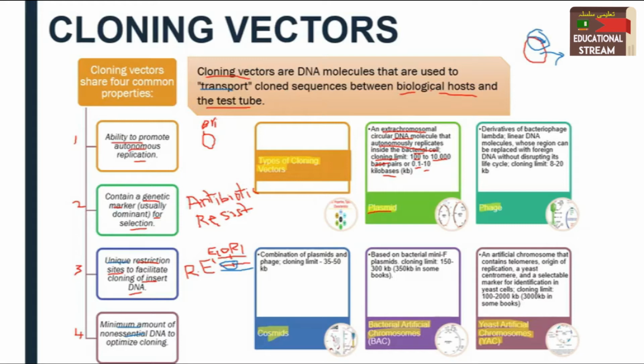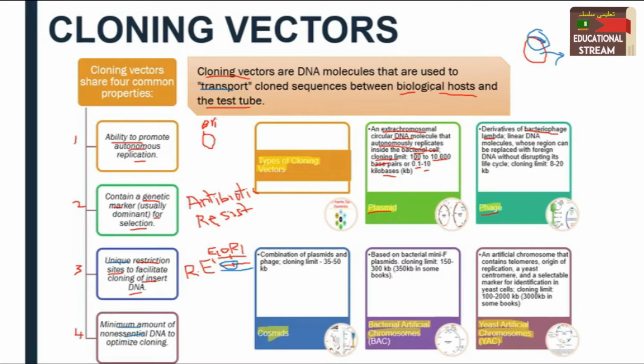Then the second kind of vector that is being used in recombinant DNA technology is known as the phage viruses. Phage viruses are actually derivatives of bacteriophage lambda, and we know that bacteriophages, or phages, are bacterial viruses that use E. coli as a host organism.